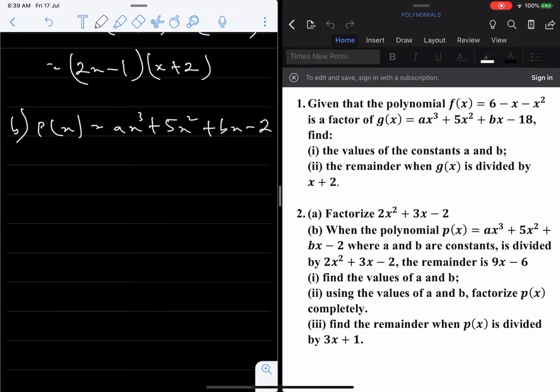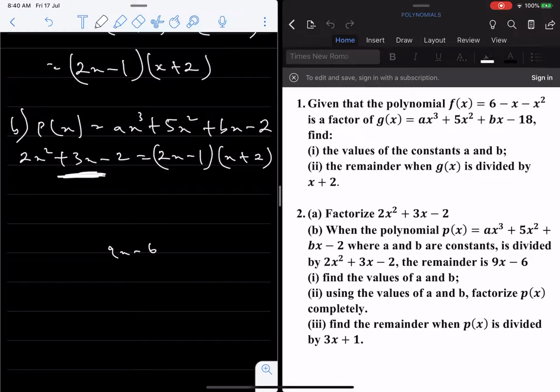Now, we know that 2x squared plus 3x minus 2 is the same as 2x minus 1 times x plus 2. And we are told that when p of x is divided by 2x squared plus 3x minus 2, the remainder is 9x minus 6. That means when p of x is divided by 2x minus 1 and x plus 2, the remainder will also be 9x minus 6.